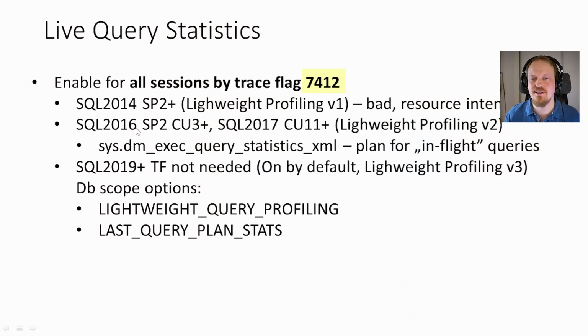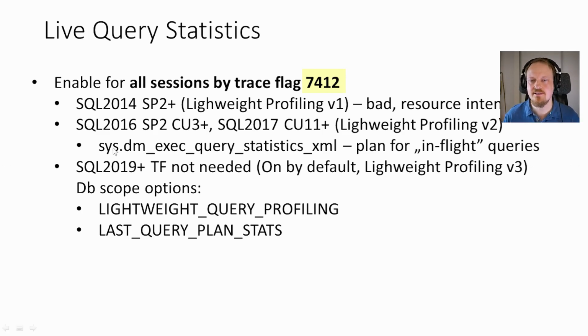Then in SQL 2016, if you have certain cumulative update installed, and SQL 2017, the lightweight profiling is version 2, it's better, it's more lightweight, and enabling this trace flag is not that bad. It's really super lightweight, you can use it without issues. Unless your CPU is constantly 99%, then don't. So you can use it on these versions, 2016, 2017, and enjoy your live query statistics execution plans.